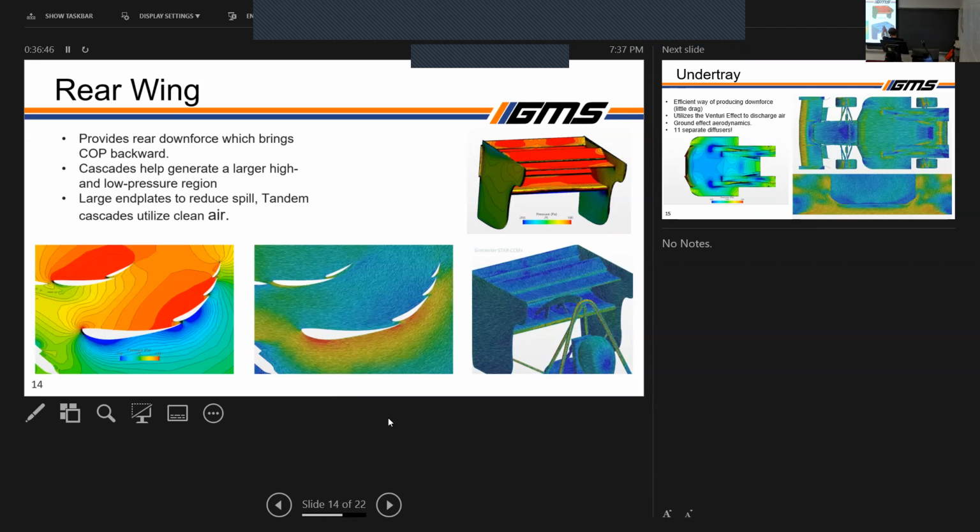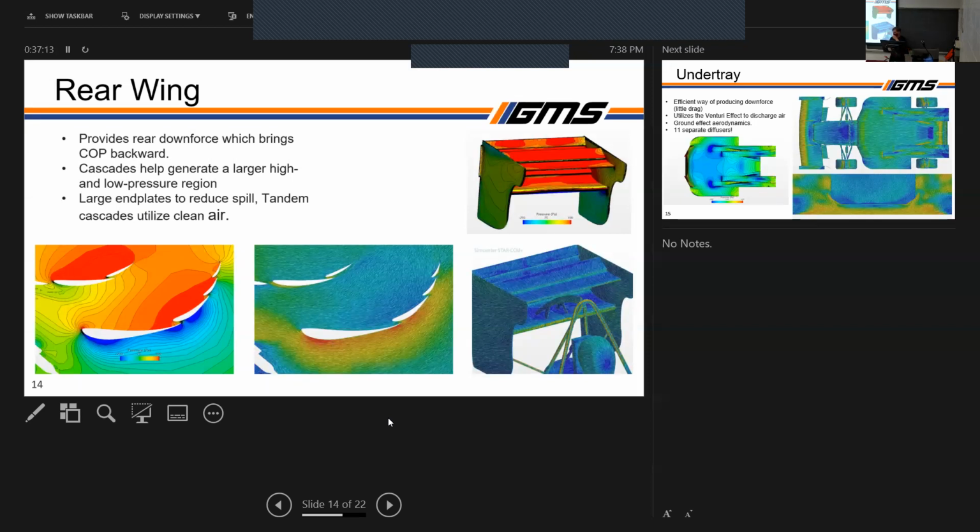If you look at the tandem wings relative to the cascades, they have very well attached flow. That's good because not only do we have more area to generate downforce, but this system doesn't make as much drag as, for example, this cascade does. Those changes have already occurred, but it's a good question.